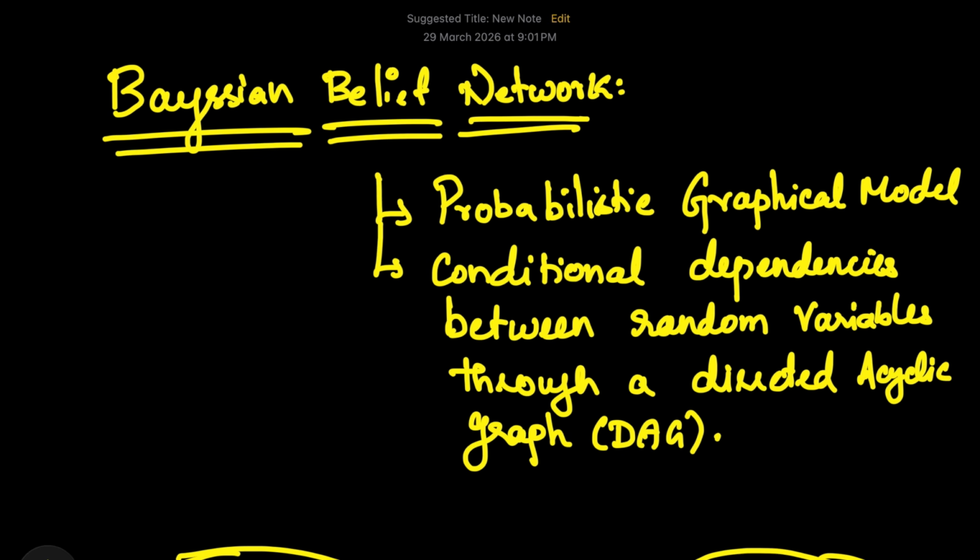That's the assumption made in the Naive Bayes algorithm. But in a Bayesian belief network, we consider all the features and we believe that there will be some kind of dependencies between different features.